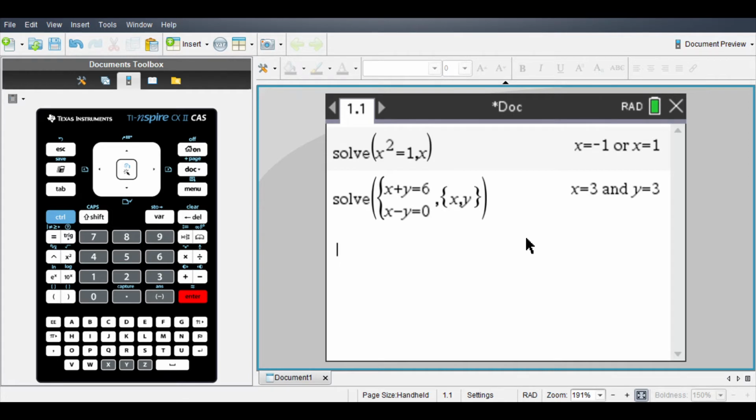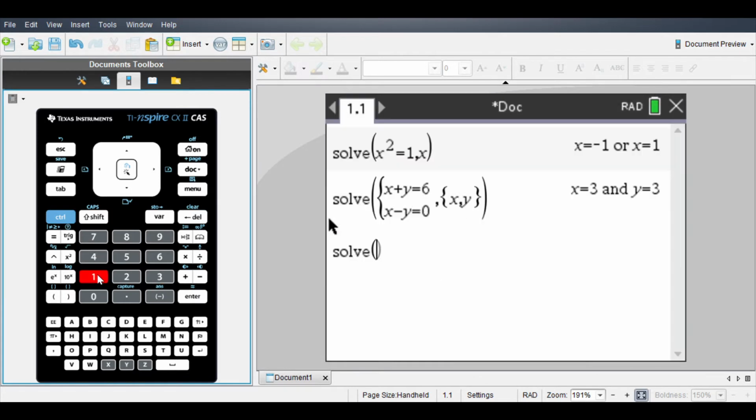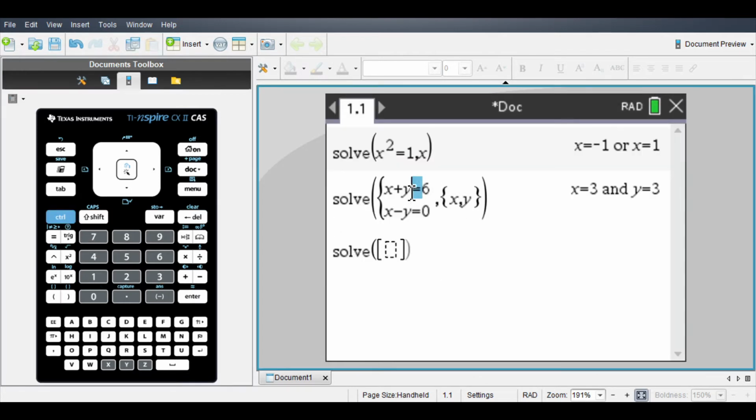So now let's talk about something more interesting. If you're doing matrices, sometimes you may just have one equation, but you can solve multiple variables. And that is also possible in the CAS. For instance, you may have this equation represented in matrix form, like this.